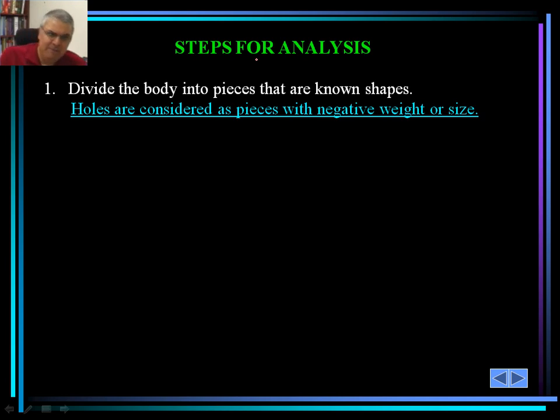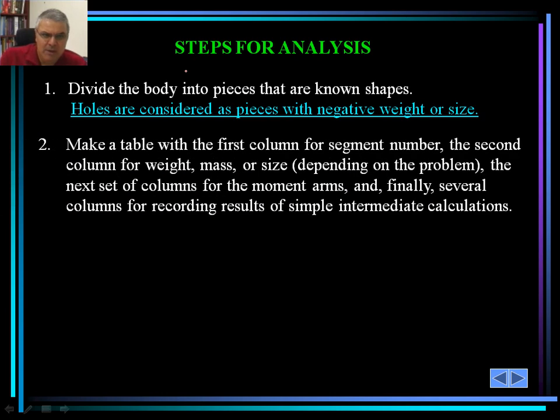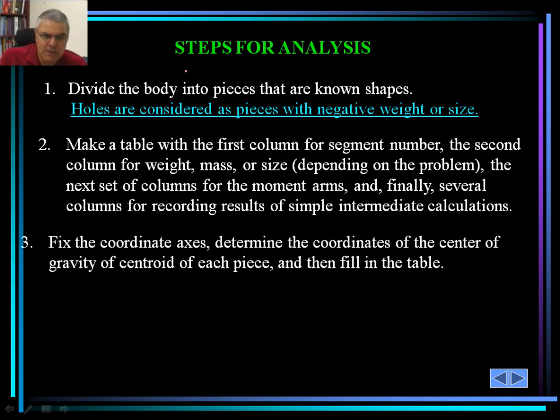Of course, the mass of the hole, or the portion in which it would contribute to the center of gravity, must be subtracted from the other parts. You'll see that shortly, and it will become much more clear. Now we make a table with the first column for segment number, the second column for weight, mass, or size, the next set of columns for the moment arms, and finally columns for the intermediate calculations.